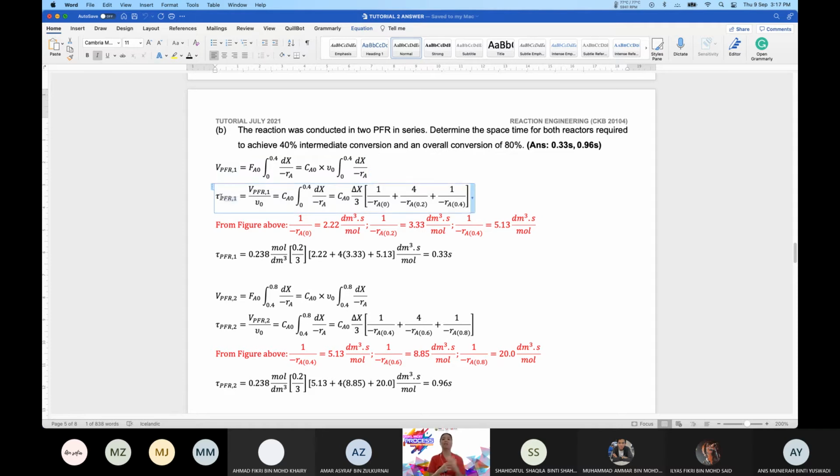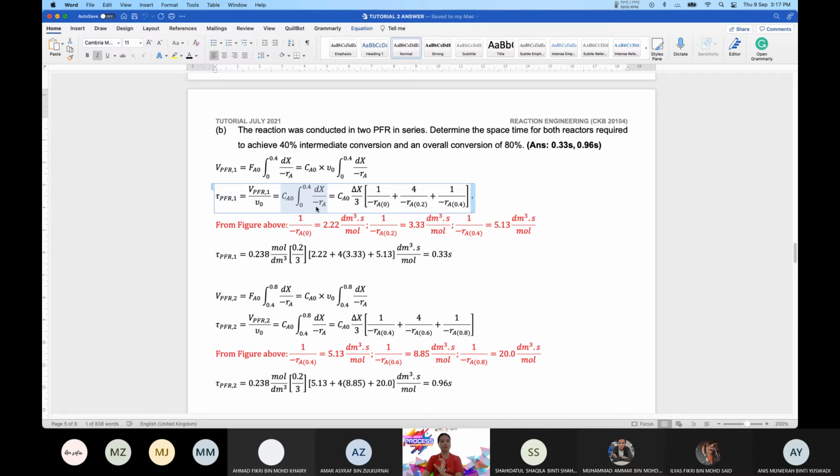So now on the left hand side, saya dapat space-time dengan hanya pindahkan V0 from right to left. Settle, dah dapat space-time apa yang kita nak. Right hand side akan tinggal Ca0, kan Ca0 tak pindah, V0 dah pindah, integral tak pindah. So the integral and Ca0 remain on my right hand side. Means kiri dah dapat space-time, yang bahagian kanan sekarang tinggal Ca0 integral part. Kita boleh solve dah kan?